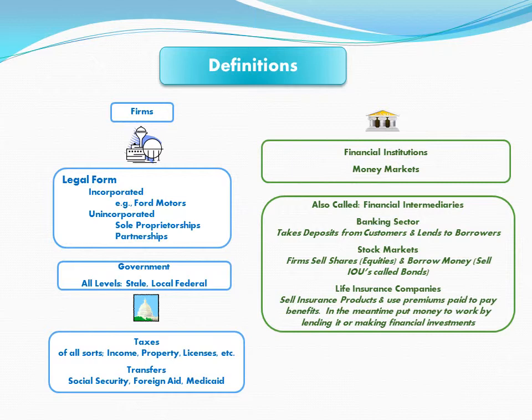Life insurance companies are also an intermediary because they're selling, for example, a life insurance product. So you pay premiums in on a regular basis, and in case there's a death, then insurance companies will pay on that benefit. But in the meantime, they've received the funds and they must put them to use. So essentially these are funds that have been saved.